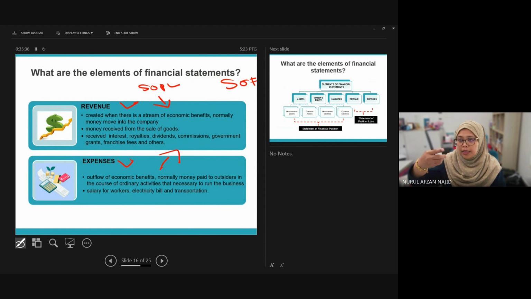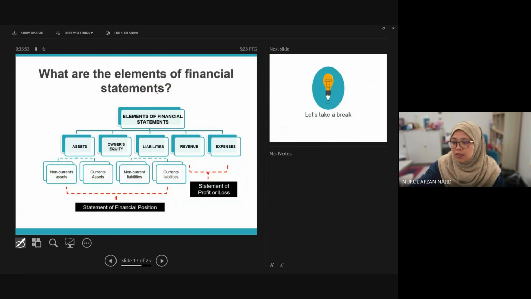Contoh, you bayar gaji pekerja. You bayar rent. You bayar advertisement. You bayar marketing. Itu semua adalah expenses. Okay? Itu perbezaan antara revenue dengan expenses. Alright, so these are the elements of financial statement where dalam bentuk grafik begini you akan nampak lah di mana.